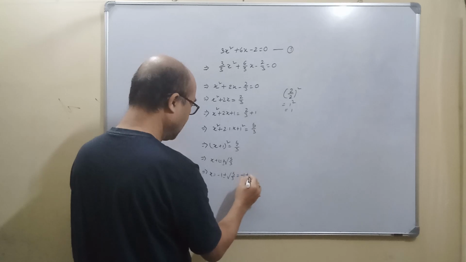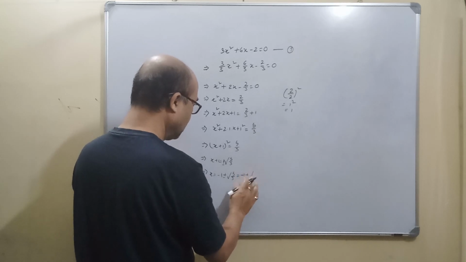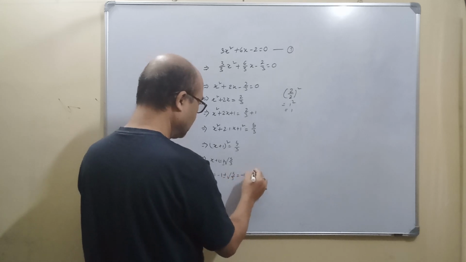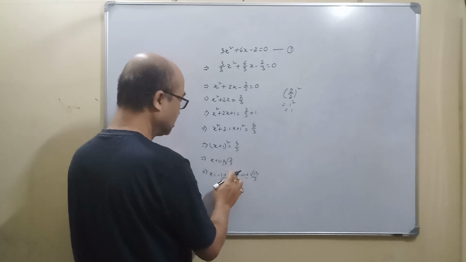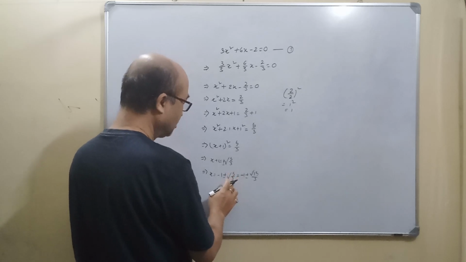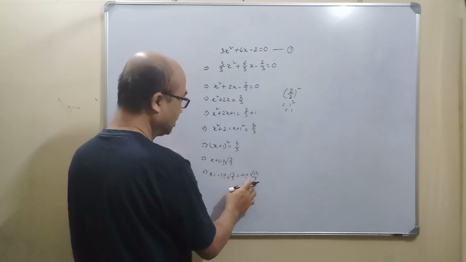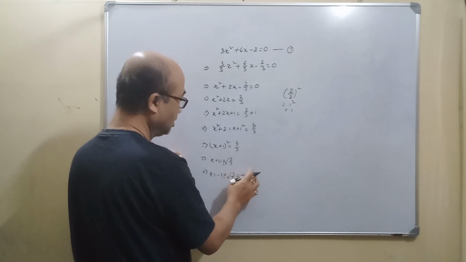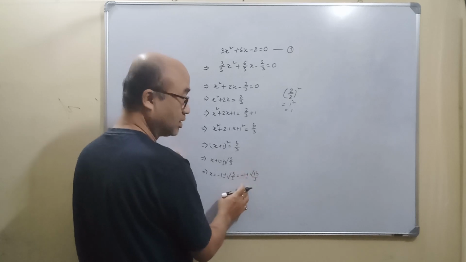Which is equal to minus 1 plus minus square root of 5 by 3, which is actually equal to square root of 15 by 3. If you multiply both sides by 3, 3 into 3, 3 square, you take square root, 3 remains. 3 into 5 is square root of 15.